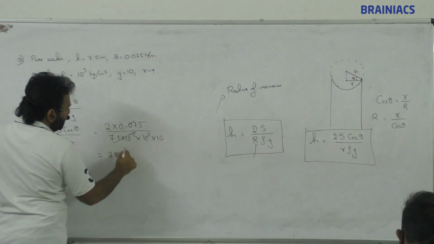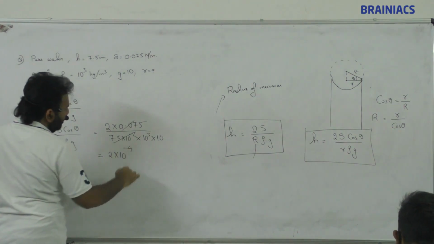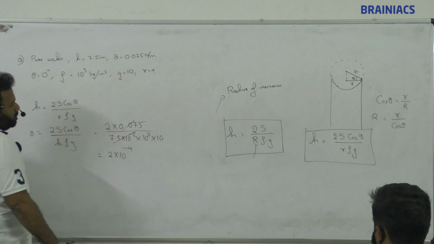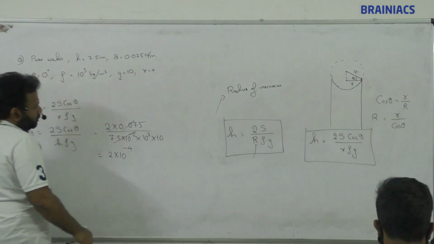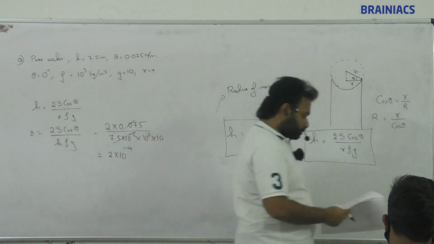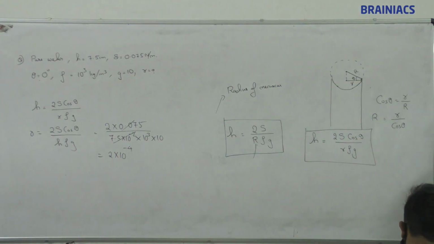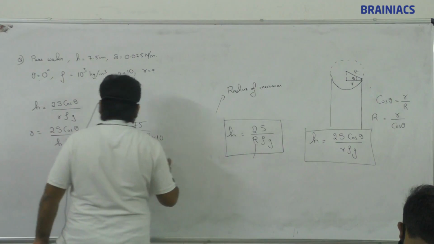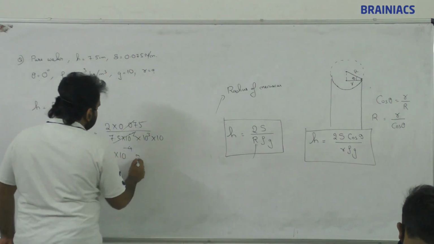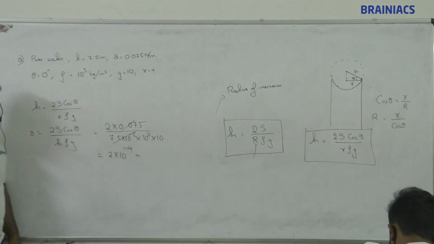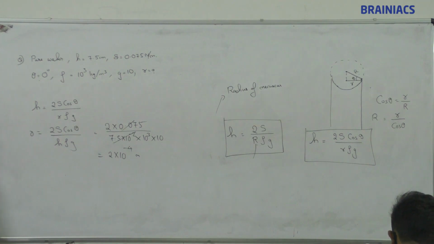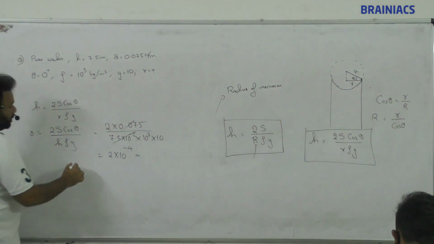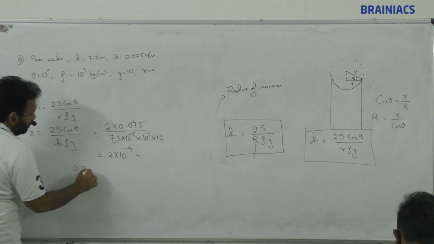That is 2 into 10 raised to minus 4 meter, or we can say 0.2 millimeter. So that is a very small tube of very small radius.